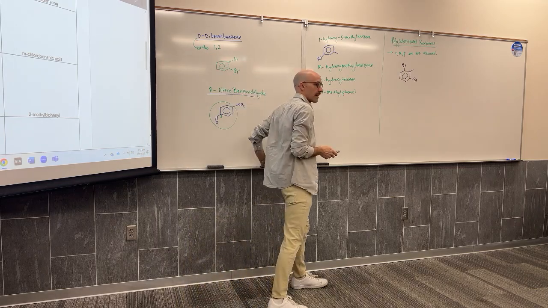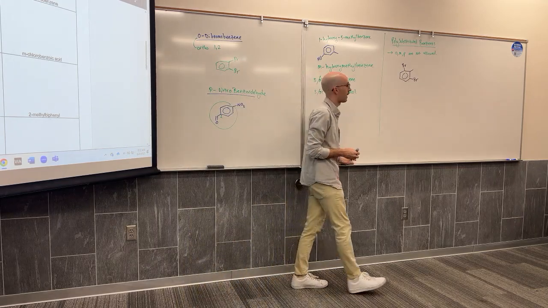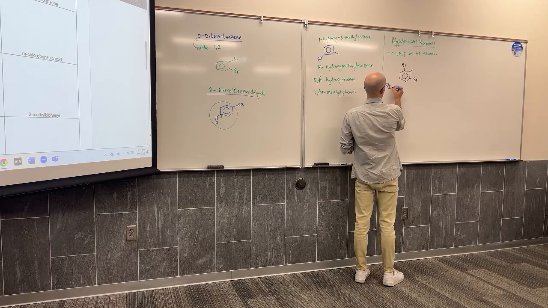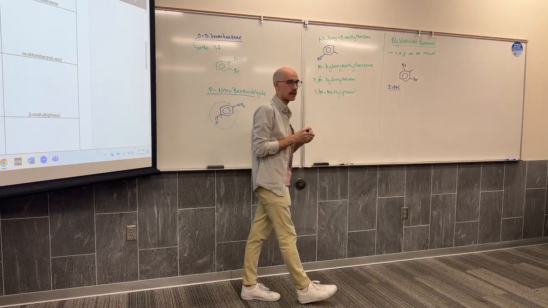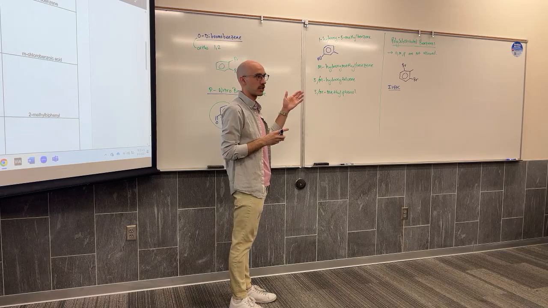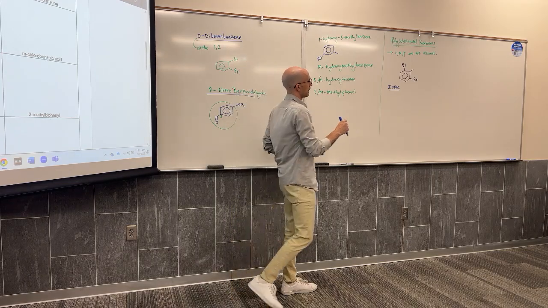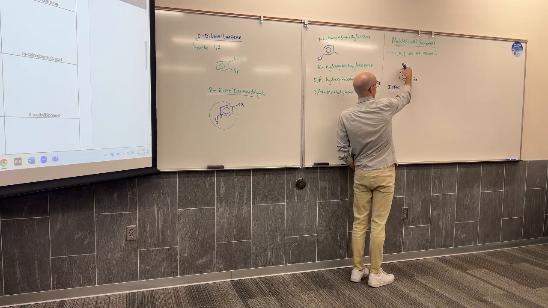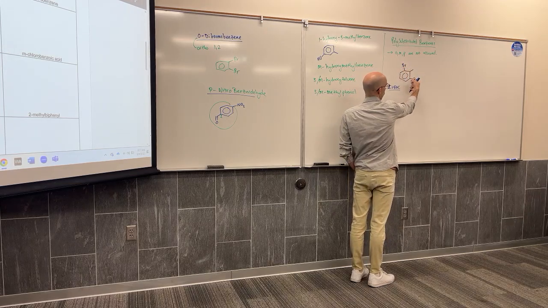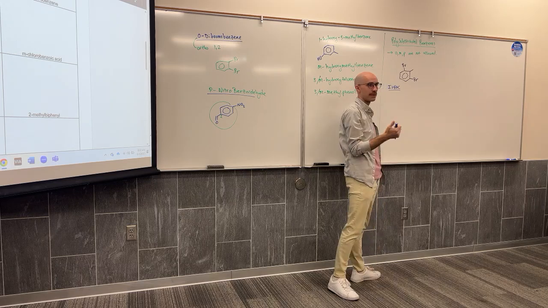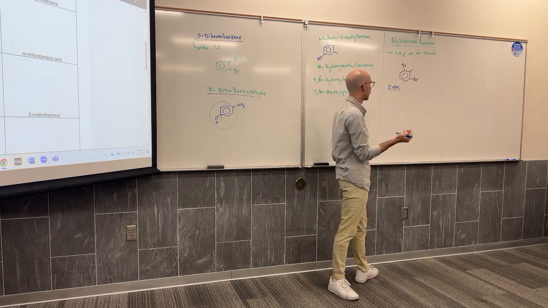So first, let's look at the systematic name, the IUPAC name. IUPAC says that none of these groups are highest priority, and so I really can just number in such a way that minimizes the locant set. So that means I'll start here at bromine, and I'll number through to the other bromine, or vice versa. And that's going to give me a locant set of 1, 2, and 3.